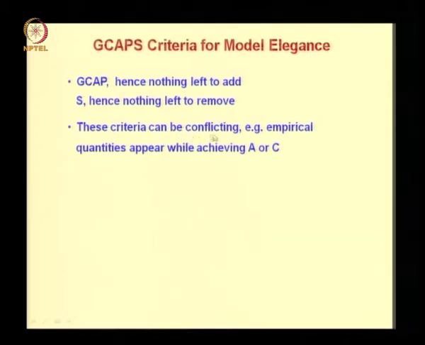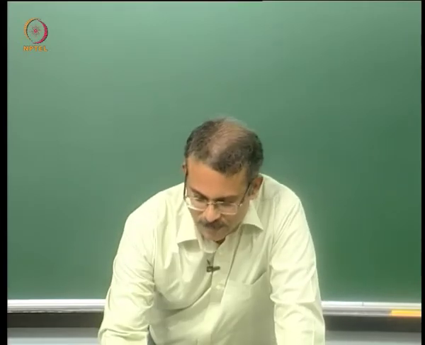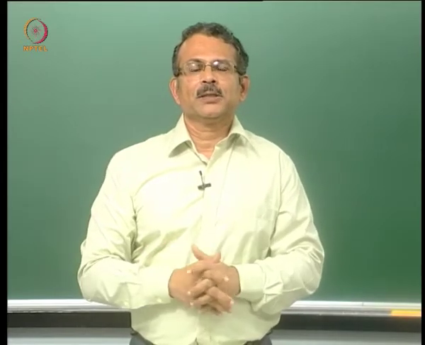Note that this criteria can be conflicting. As we have seen, empirical quantities appear while achieving accuracy or continuity. We have seen this in our example of the spreading resistance. Now the continuity criterion is very essential for circuit simulation. This is something that we have not discussed very much.